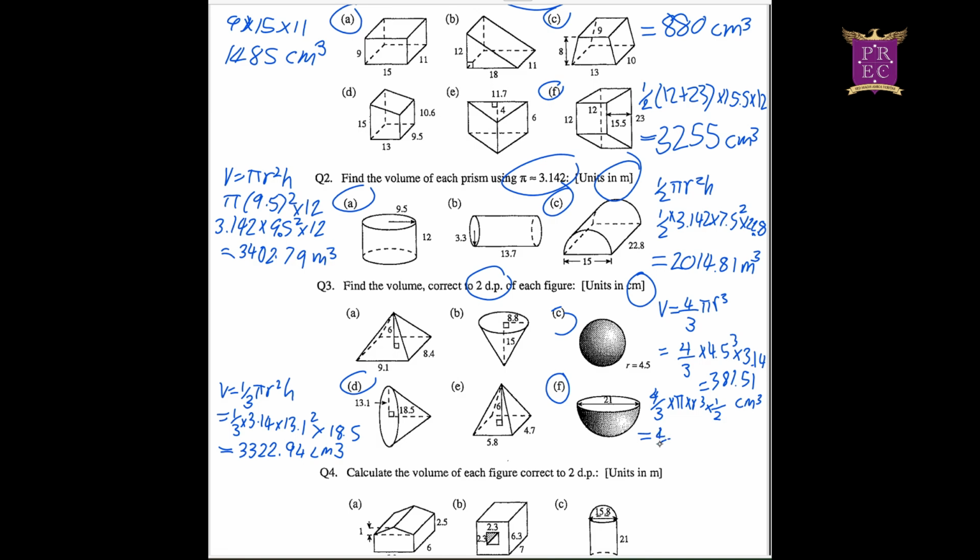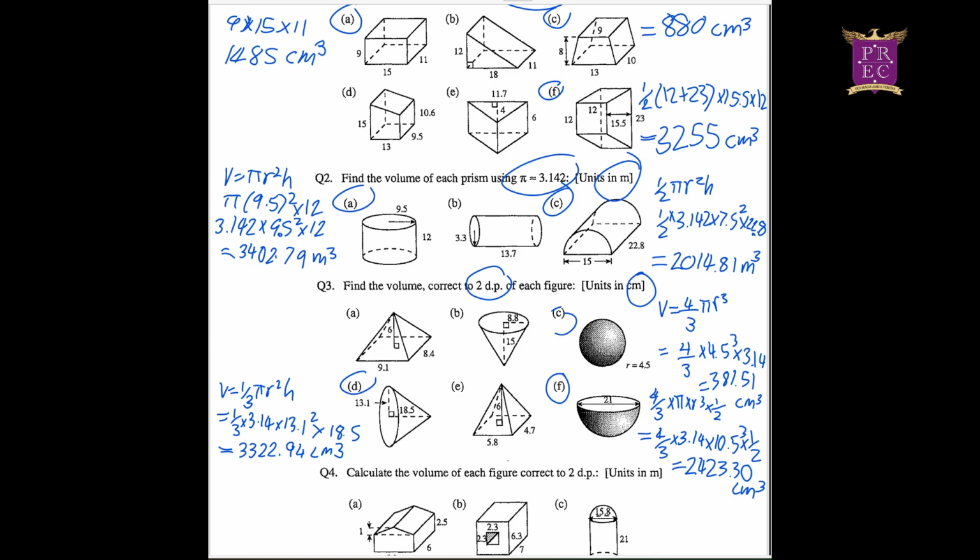So we have 4/3 times 3.14 times 10.5 to the power of 3 times a half. Put this in the calculator. I got 2,423.30 cubic centimeters. Always remember the units.